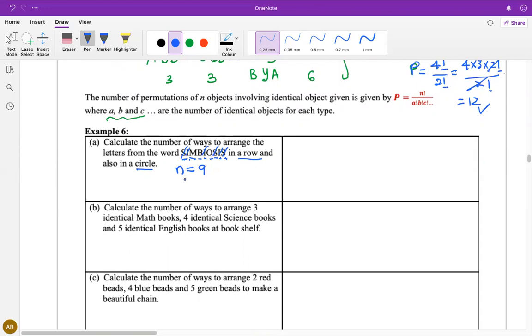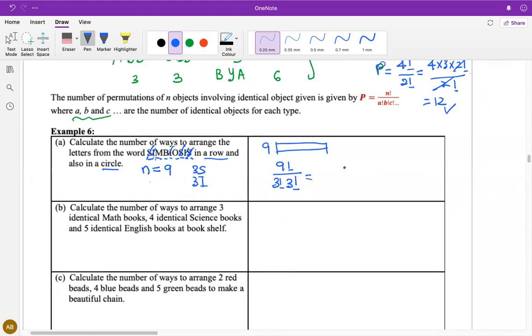How many S? 1, 2, 3, right? 3 S. I, there are 1, 2, 3 also, 3 I. So to find out in a row, there are 9, right? So we use 9 factorial over 3 factorial over 3 factorial.